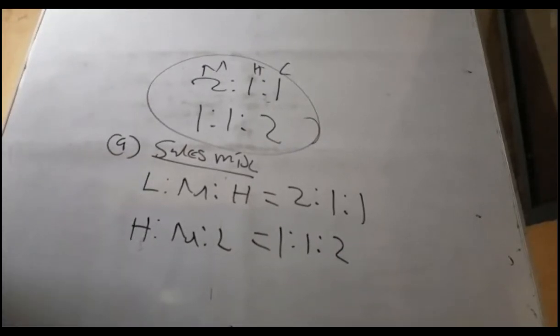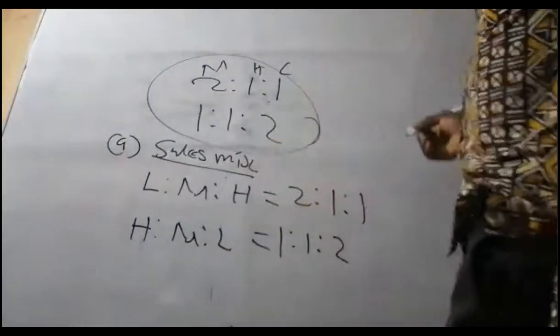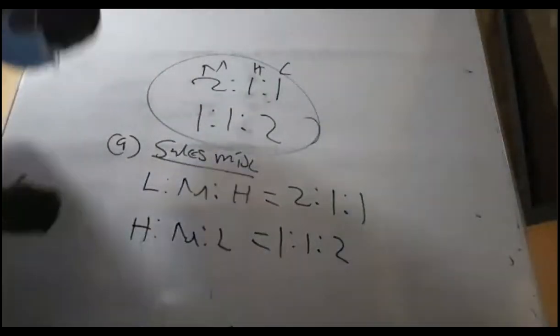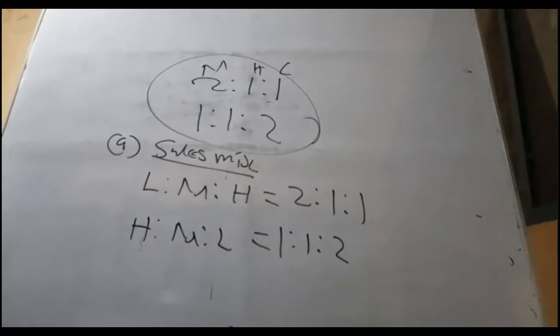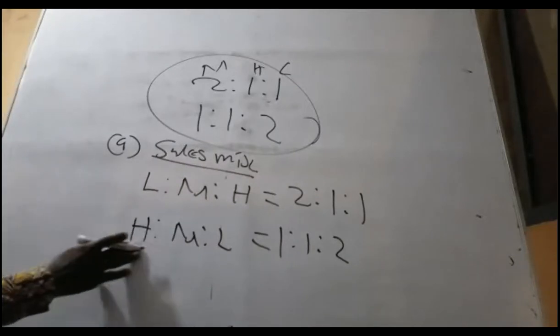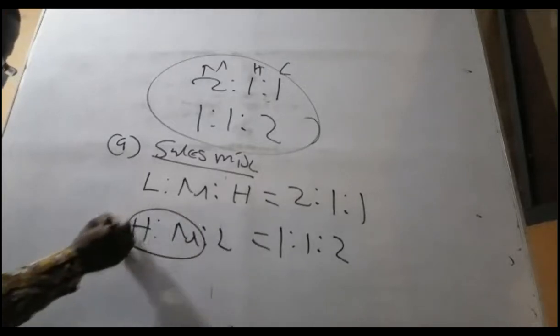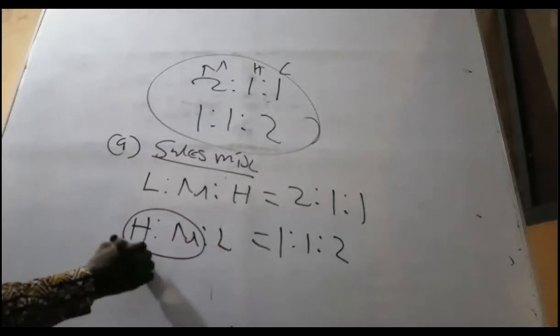Let's move on to the next. So the ratio is 1 is to 1 is to 2. Now there's an alternative, and the alternative could be like this. If you add these two together, it will be 2, and multiply by 2.